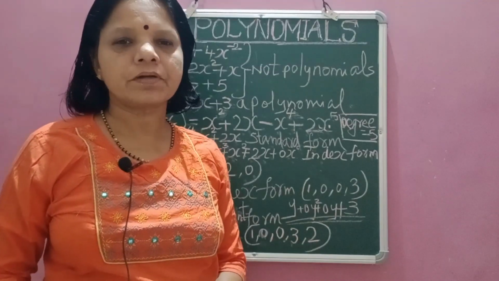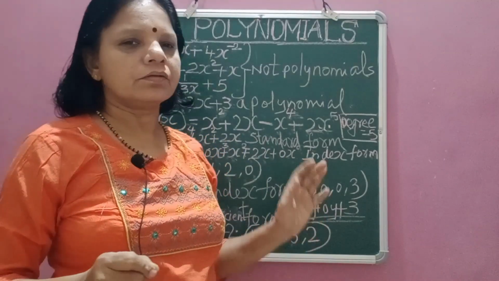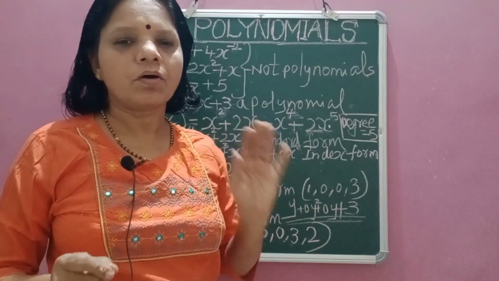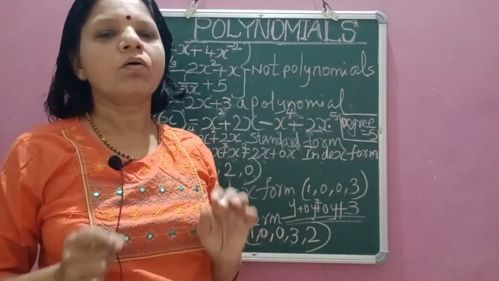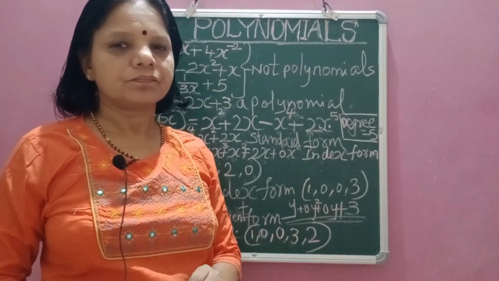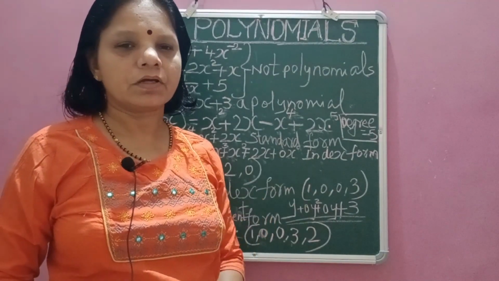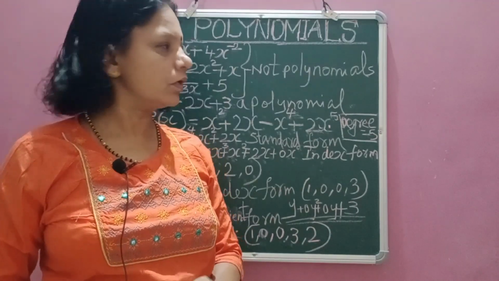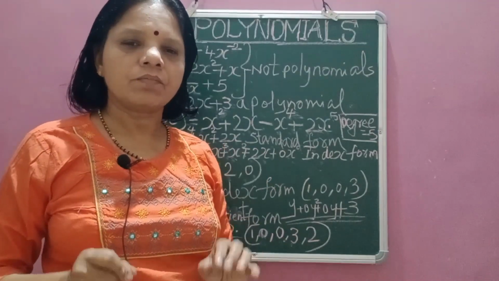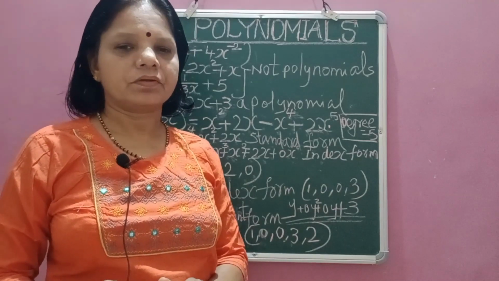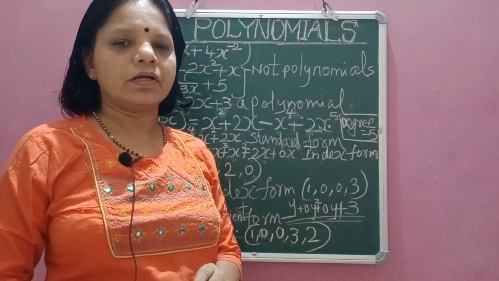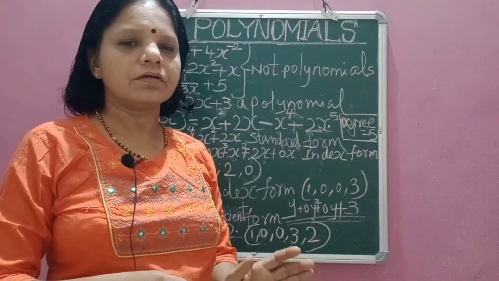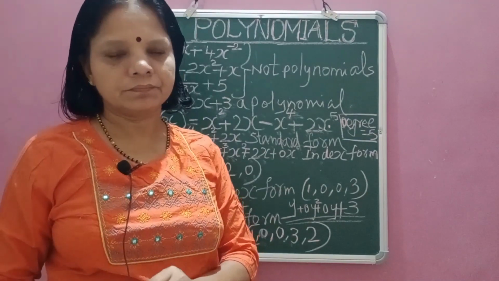Today I want to explain the condition for an expression to be a polynomial: index should be whole numbers. Then degree of the polynomial: the highest index of the variable in the polynomial is called the degree of the polynomial. Standard form: write the polynomial either in ascending order or descending order of the powers of the variable.